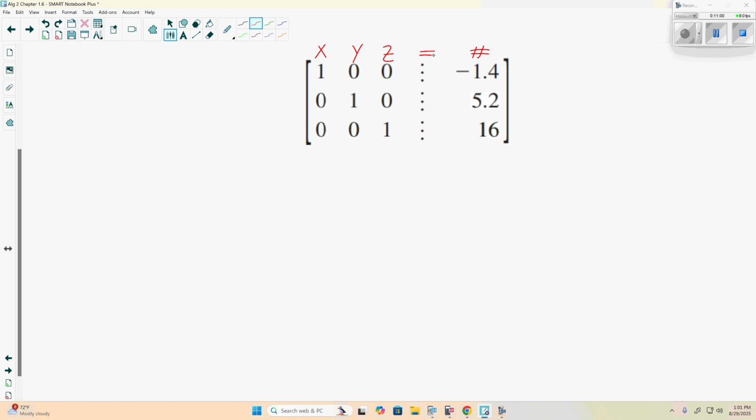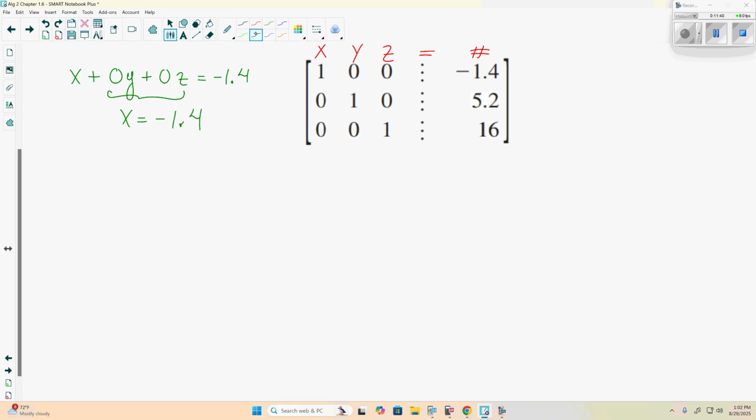So what we started with is we put the number in front of x in the first column, number in front of y in the second, z in the third, and what it was equal to in the fourth. So if I rewrote out this first equation, we would have 1x plus 0y plus 0z is equal to negative 1.4. Yes? Well, do we really write out 0x and 0y and 0z? No, this is really what? X is equal to negative 1.4.